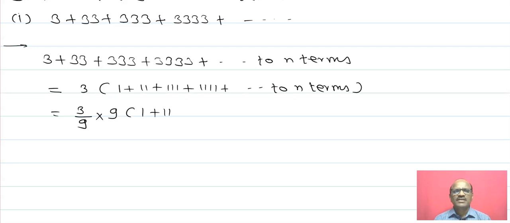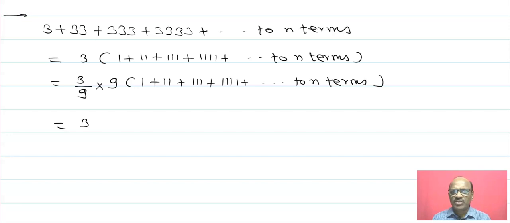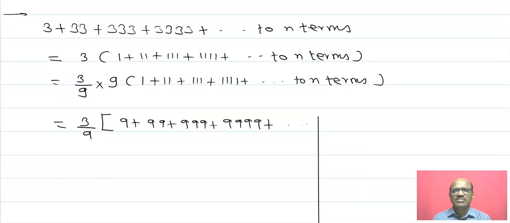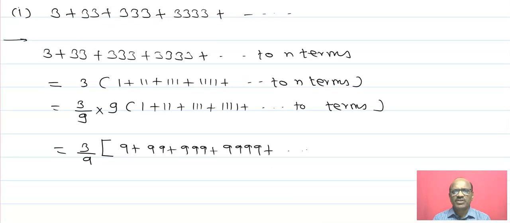Now divide and multiply the numerator and denominator by 9. Therefore we will get 3 upon 9 into 9 in bracket 1 plus 11 plus 111 and so on up to the n terms. After their multiplication, that is 3 upon 9 in bracket, you are getting 9 plus 99 plus 999 up to the n terms.